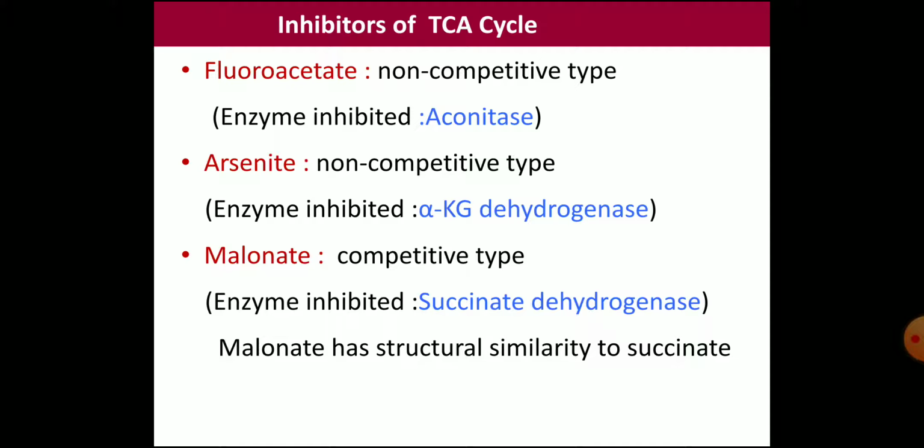It is a competitive type of inhibition, and the other two are non-competitive. So in general, metallic compounds like arsenate also inhibit certain enzymes of the pathway. So this much regarding the TCA cycle.